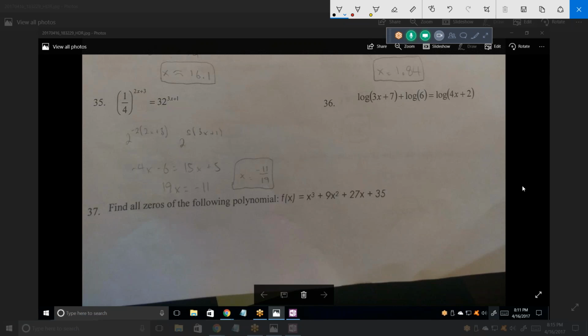Not only will Wolfram Alpha give you the zeros easier than your TI-84 will, because on your TI-84, you have to graph that, request the zeros, put it on trace, you got to do all kinds of things. But if you put that into Wolfram Alpha, it will tell you your 3 zeros automatically. So Wolfram Alpha is actually a lot more powerful than any of your calculators that you might be using.